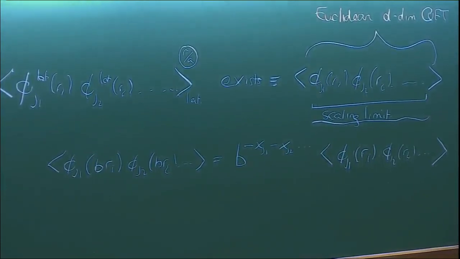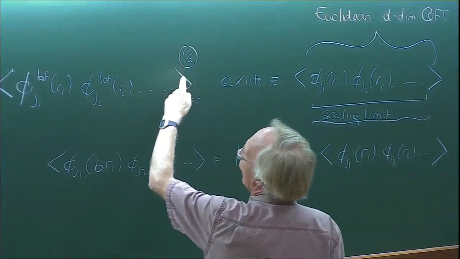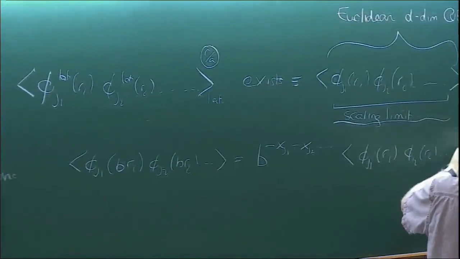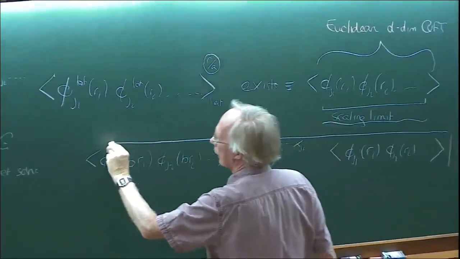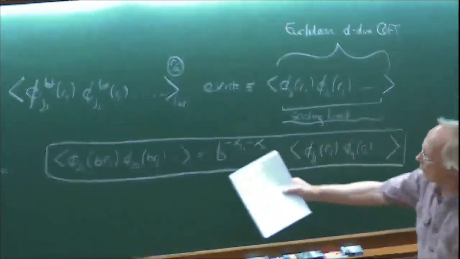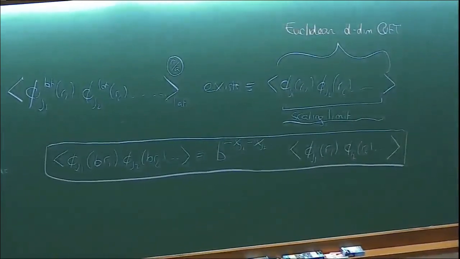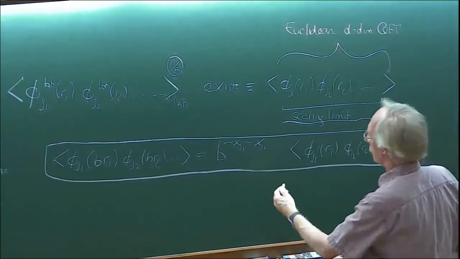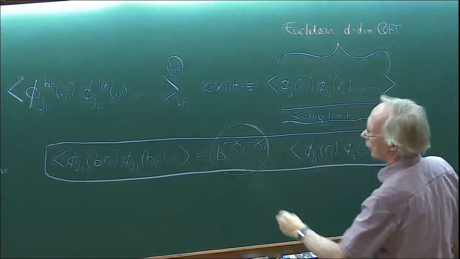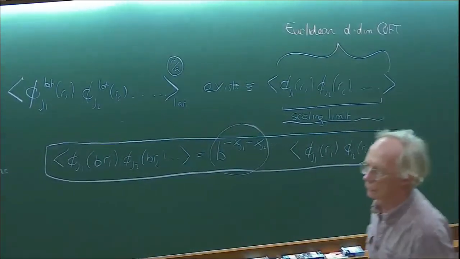So this correlation function only depends upon R over A. The fact that this limit exists implies that the scaling limit correlation functions, when we make a scale transformation of the distances, are not invariant, but behave covariantly. That is, they just get multiplied by a suitable factor of B.